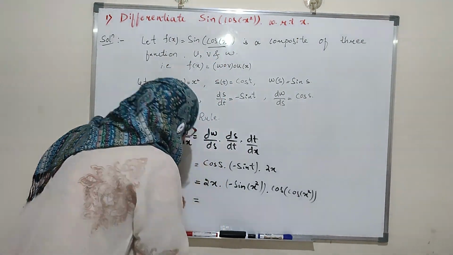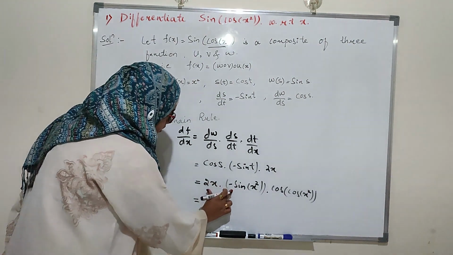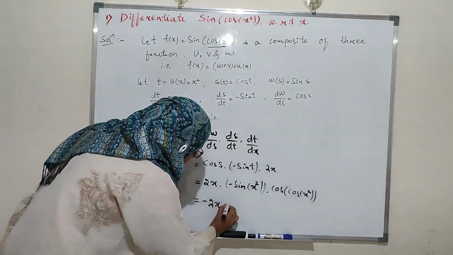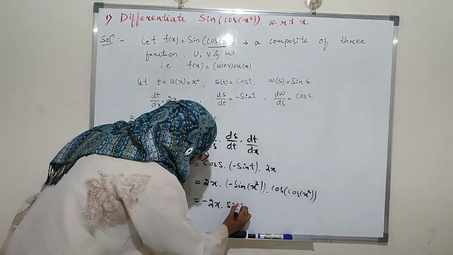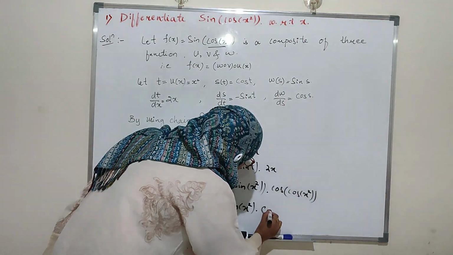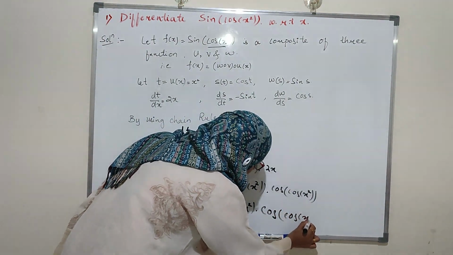So finally, multiplying these two, we get minus 2x into sin of x square into cos x square.